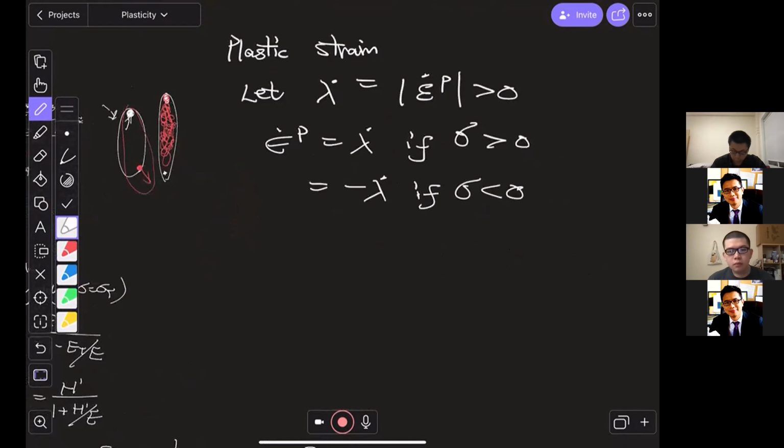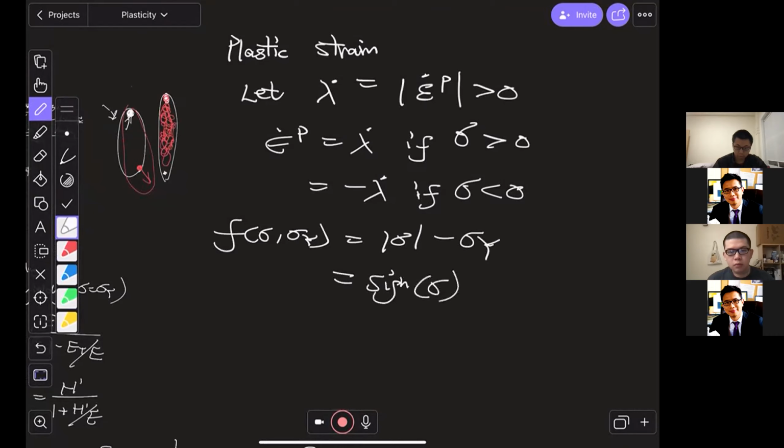If you write it like that, then your yield surface can also be written as the absolute value of the stress minus the yield stress, which equals the sign of the stress times the stress itself minus the yield stress. The equivalent, right?